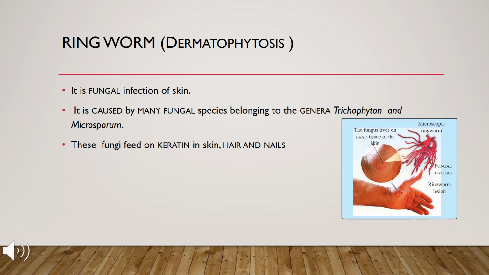These fungi feed on keratin in skin, hair, and nails. They actually infect our skin, and they feed on the keratin protein which is present in skin, hair, and our nails.